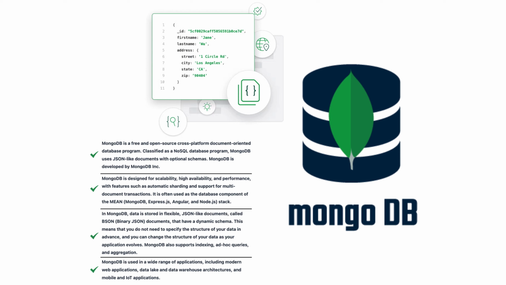This means that you do not need to specify the structure of your data in advance, and you can change the structure of the data as your application evolves. Mongo also supports indexing, ad hoc queries, and aggregations. MongoDB is used in a wide range of applications, including modern web applications, data lake and data warehouse architectures, and mobile and IoT applications.